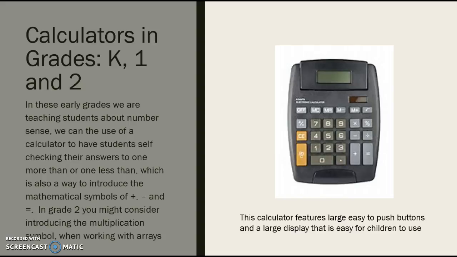I would recommend using this calculator at this age level for number sense, when we want children to know what's one more or one less, what's two more or two less. That's also introducing them to the addition and subtraction symbols and the equal sign.